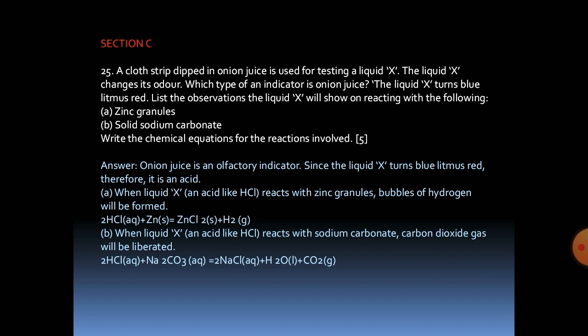And the other question is the reaction with sodium carbonate. When an acid reacts with sodium carbonate, carbon dioxide gas will be liberated. So here when HCl reacts with sodium carbonate, Na2CO3, it will give salt NaCl, water H2O, and CO2 in the form of gas.